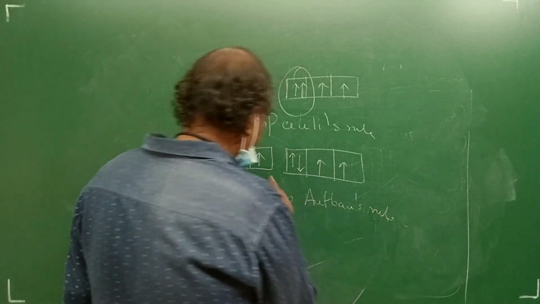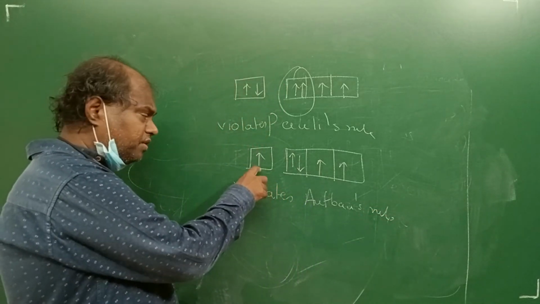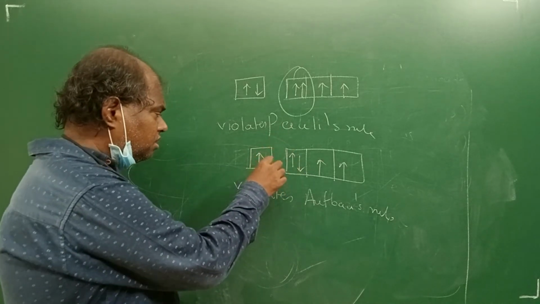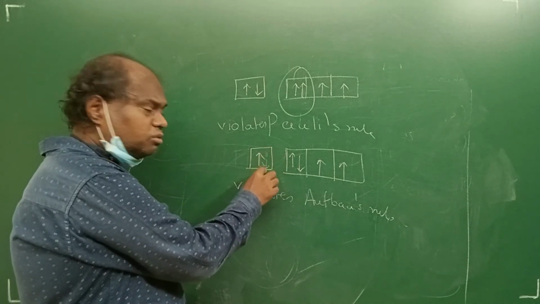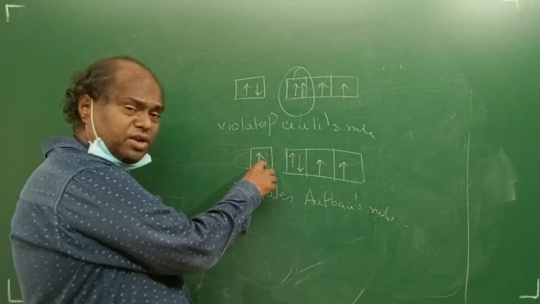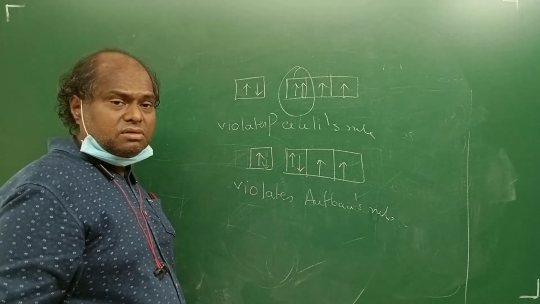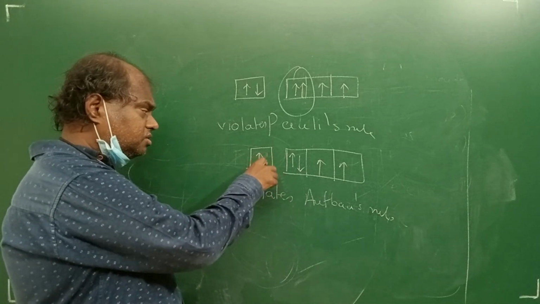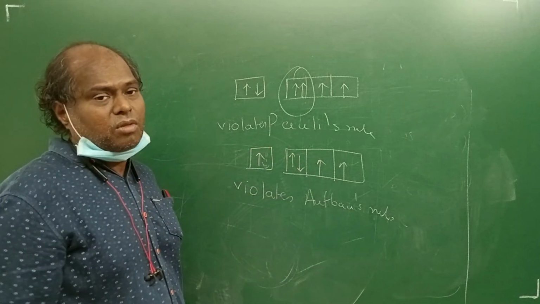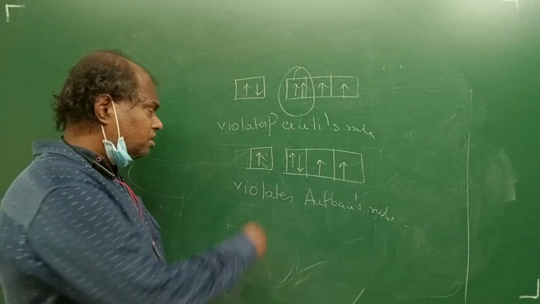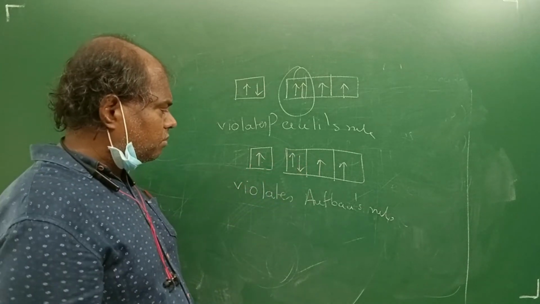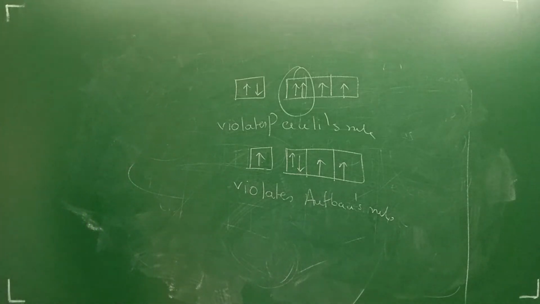Because without filling the lower energy, remember this is a lower energy, you should fill first. You should fill two here. One box can take two, maximum capacity is two. So without filling this, you are going for this, the higher energy. This is also not allowed. So you are violating the Aufbau rule.